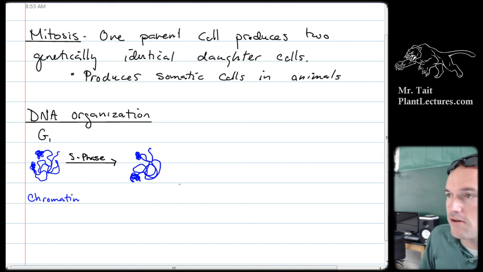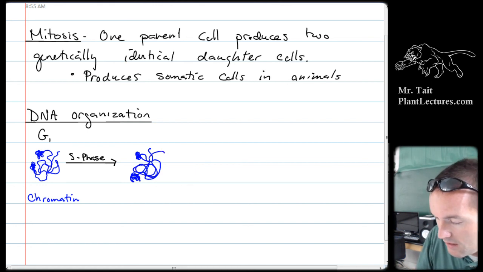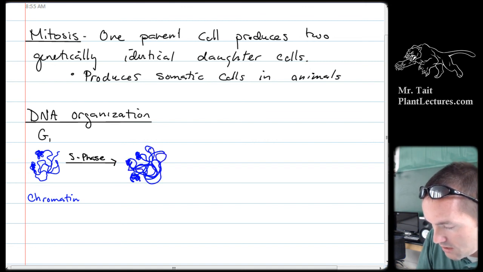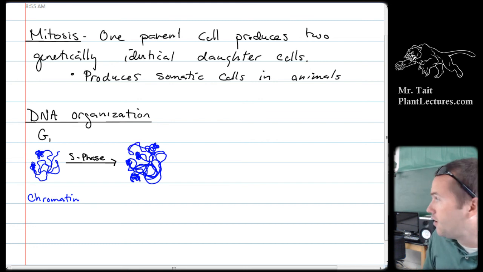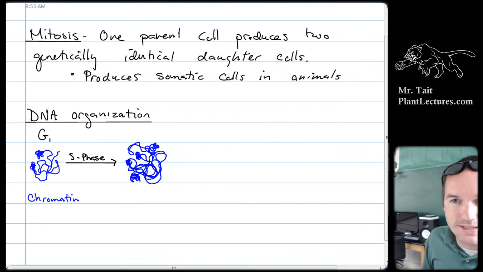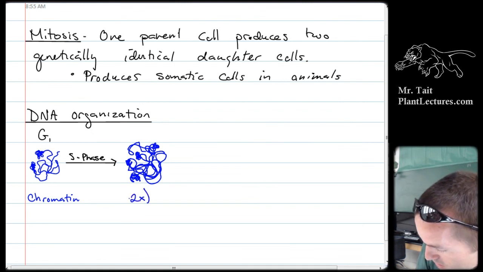Okay, and then we've got another unique strand, right? We've got double the amount of DNA. So we've got now this strand, the same tangled up portion, another tangled up portion here, right? Hopefully you can tell there that that is twice as much, right? This is 2 times as much DNA.